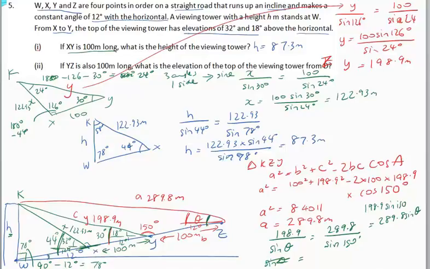We multiply this out and divide, so we're going to have sine of theta equal to 198.9 sine 150 divided by 289.8.